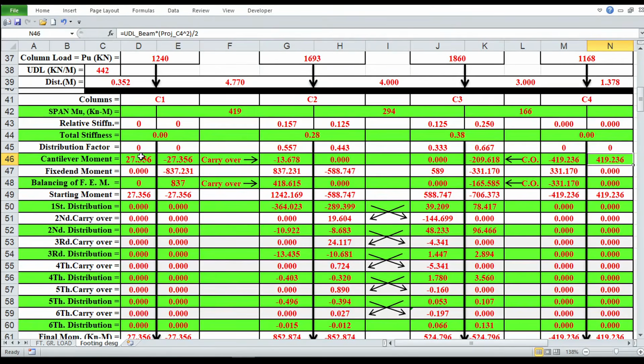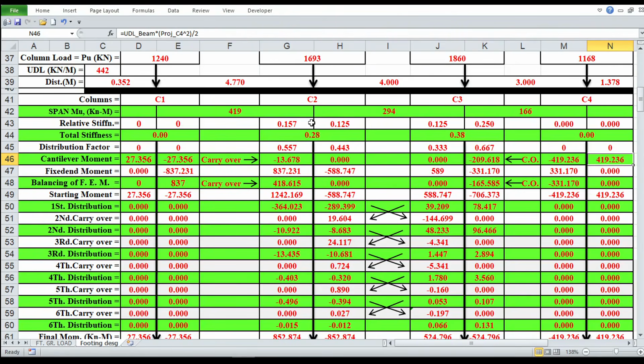Now, for the stability of this joint, we have to put the same moment here in the opposite direction. So minus 27.356, and minus here 419.236.